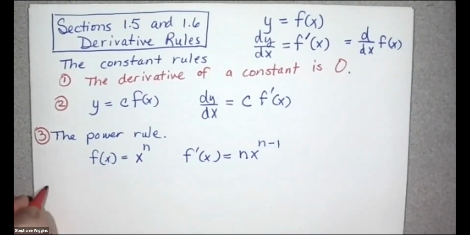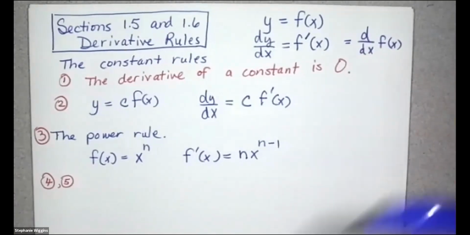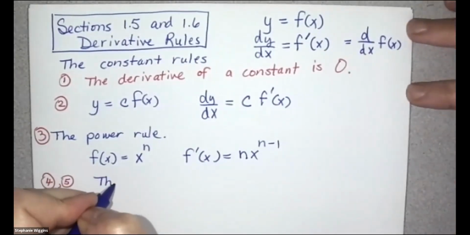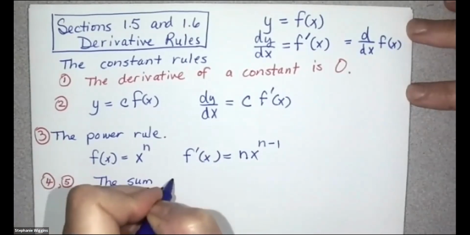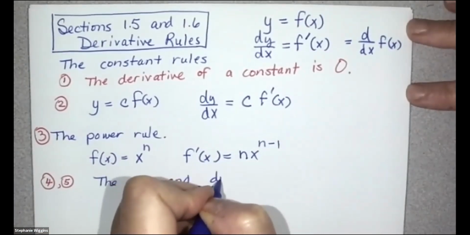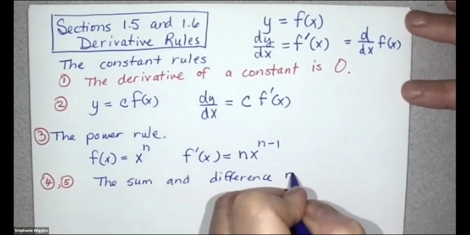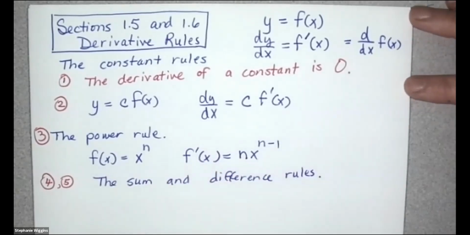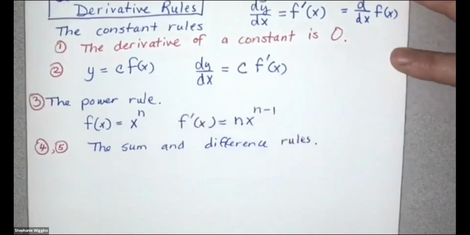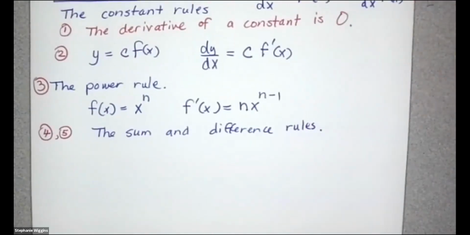Our fourth rule and our fifth rule are the sum and difference rules. Okay, the sum and difference rules are simply that the derivative of the sum is the sum of the derivatives.